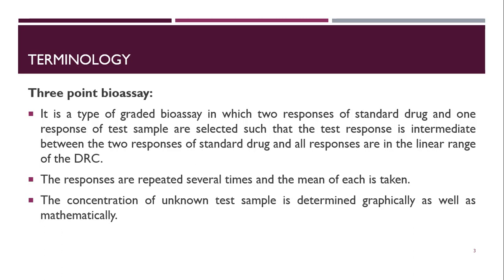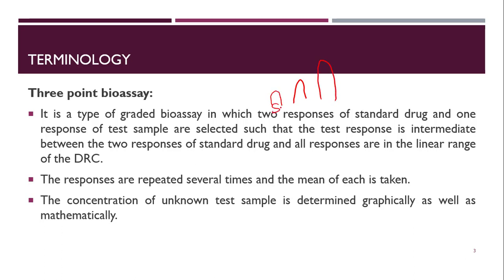Okay, so what we mean by this is that the height of one standard response should be less than that of the test, and the height of the other standard response should be greater than that of the test. So the test height should lie between the two standards.